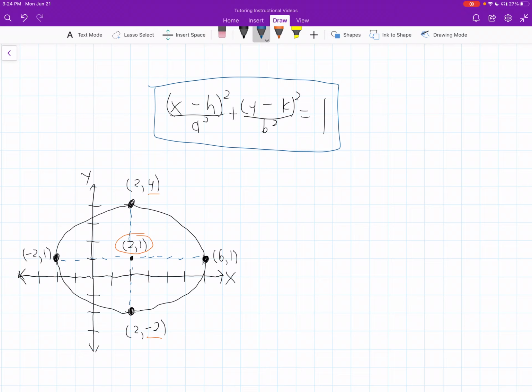So let's say if we wanted to find the x coordinate, I could add the 2 here, so 6 minus 2 is 4, and then you divide it by 2. That gives me the 2 here. Similarly with the y coordinates, I could add the 4 and negative 2 to get 2, and then 2 divided by 2 is the 1 that we get there, if I didn't write that. So either way, we know that our h is 2 and our k is 1, so let's fill that in.